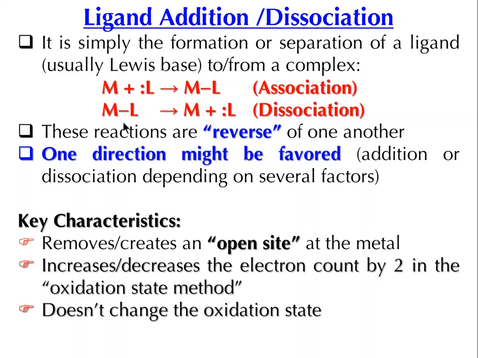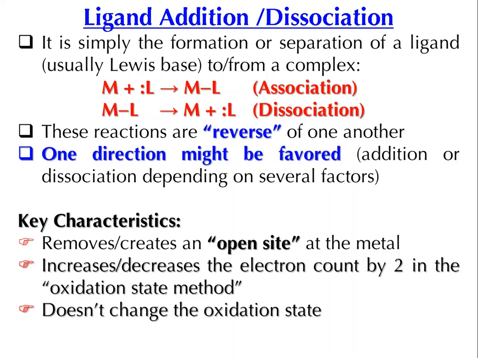The dissociation of the ligand is when ML releases a ligand L to form M plus L. In the same way, the final state of M should be more stable than the initial state of ML. Note that the addition and the dissociation of the ligand are reversible. When M adds a ligand to form ML, this is a reaction in the direction of formation of ML.